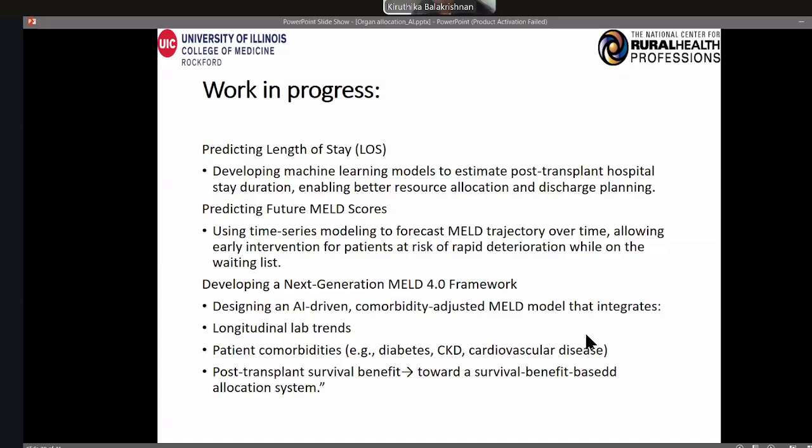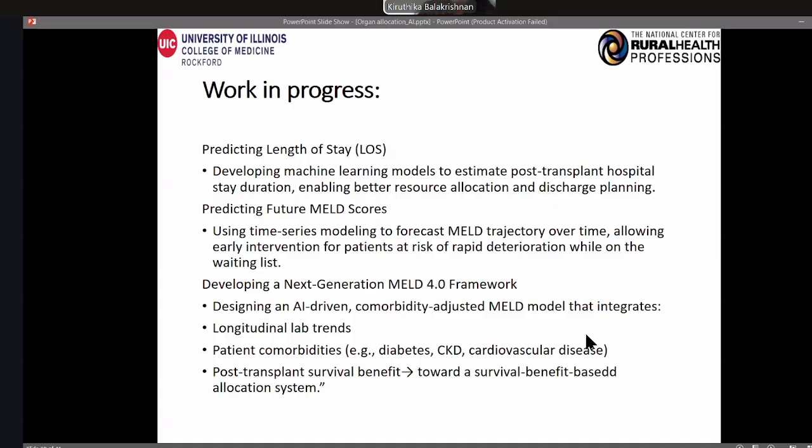Then, continuing this work, we are working on predicting the length of stay for liver transplantation patients, then predicting future MELD scores of those patients who are on the waiting list.